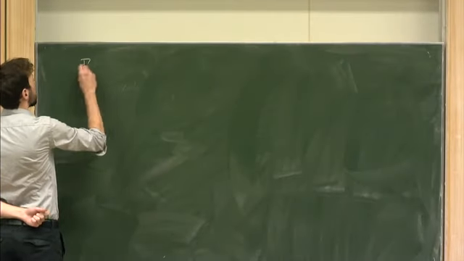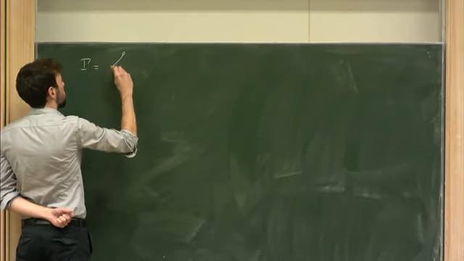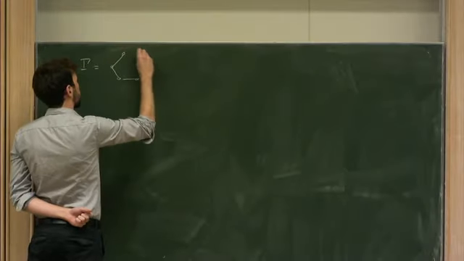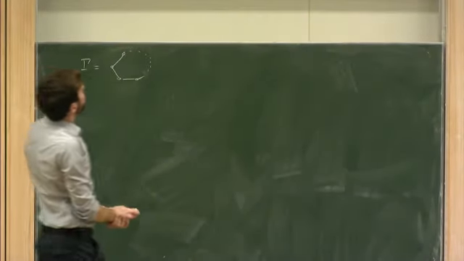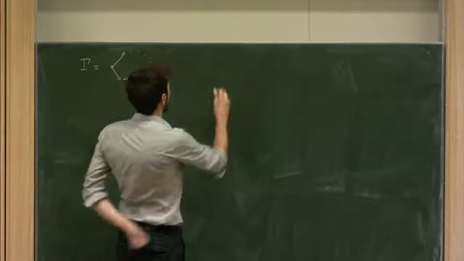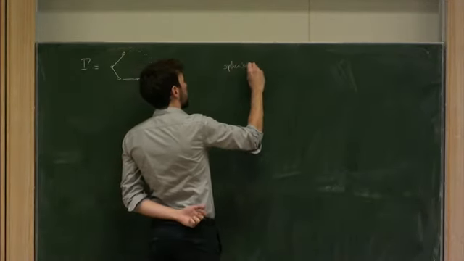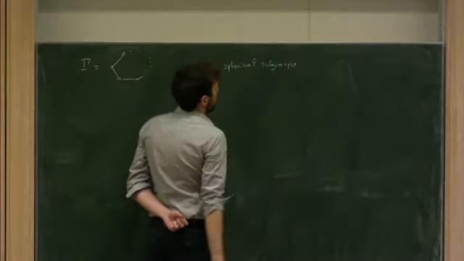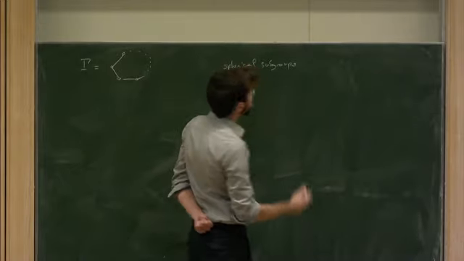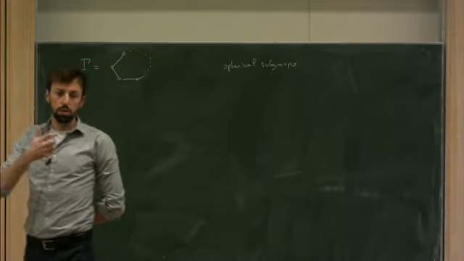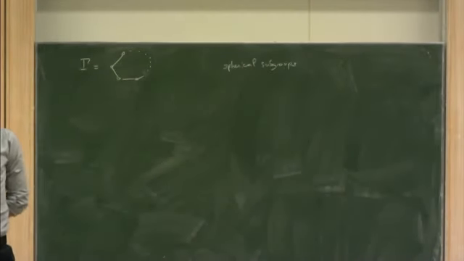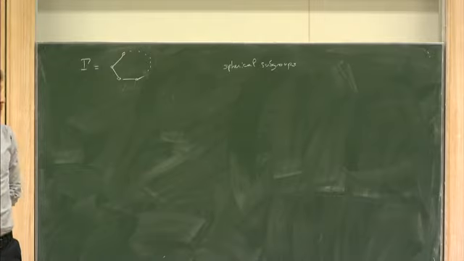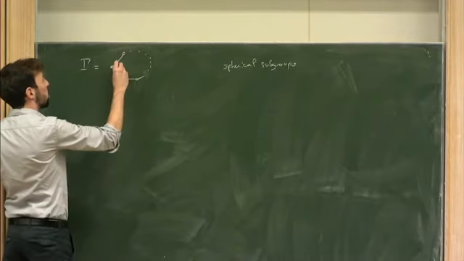So let's try to describe what we get for gamma a cycle. The spherical subgroups can happen only if gamma prime is either the empty subgraph, consists of one vertex, or two vertices.